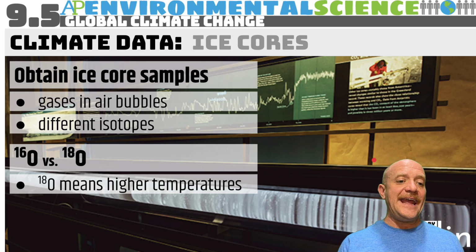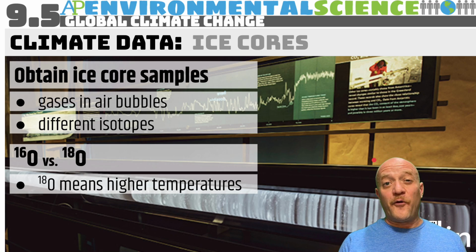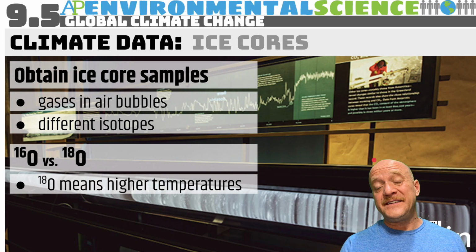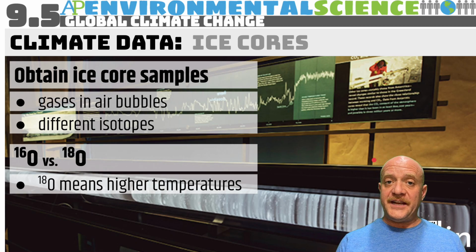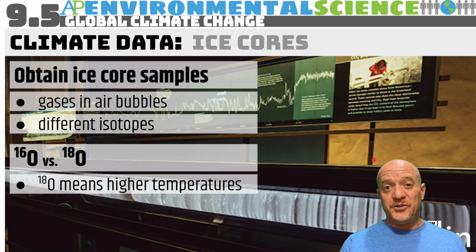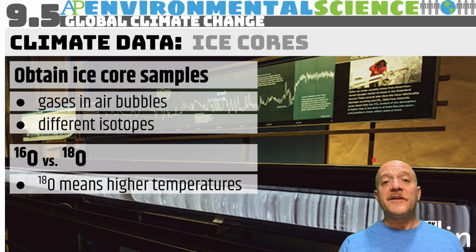But oxygen-18 is present in higher quantities when the temperatures are higher. So if there are more oxygen-18 bubbles, they would hypothesize that the temperature was higher globally during that time.